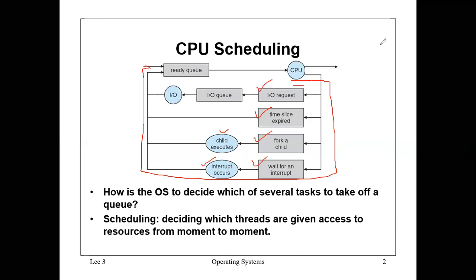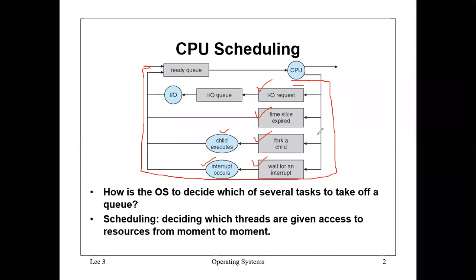Now what is the challenge here? Once a process goes back to the ready queue, the CPU has to decide how to take it back, or which process should be given priority or access to the resources in your computer. That resource might be your input output devices, your processing power, or any type of hardware, like clock time, and so on.